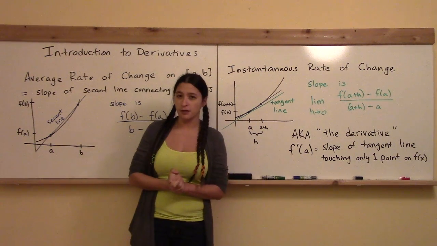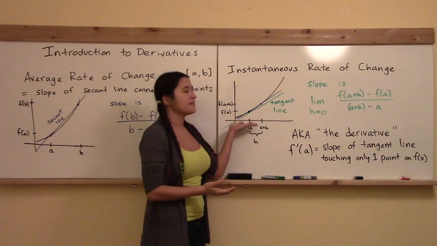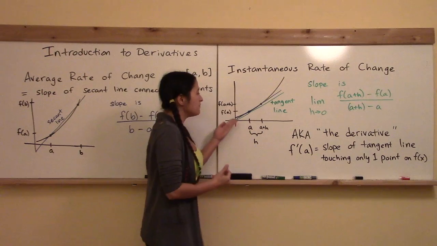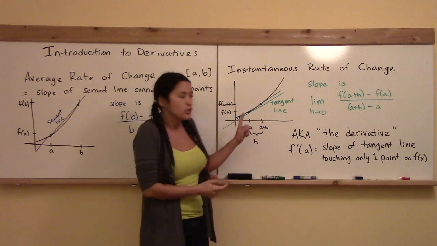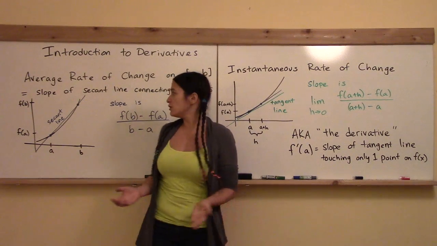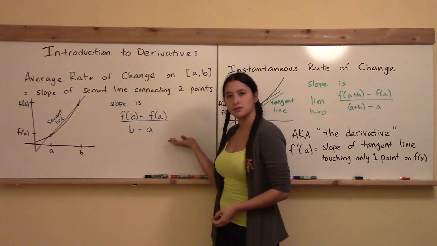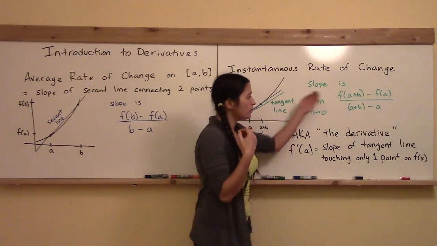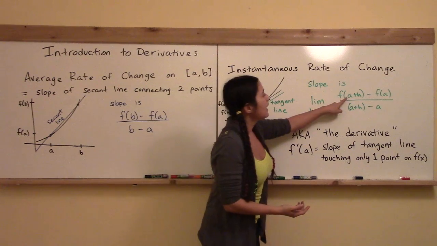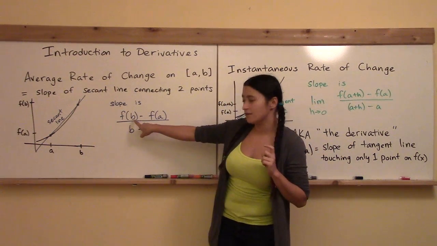And if we could figure out the slope of that tangent line, that would describe for us the instantaneous rate of change, because that's how fast the function is moving just at that one single point. So we're going to take this definition of the slope, the difference in the rise over the difference in the run, and write it right here as we've defined the two points: a plus h. You see how the a plus h replaces the b right there?